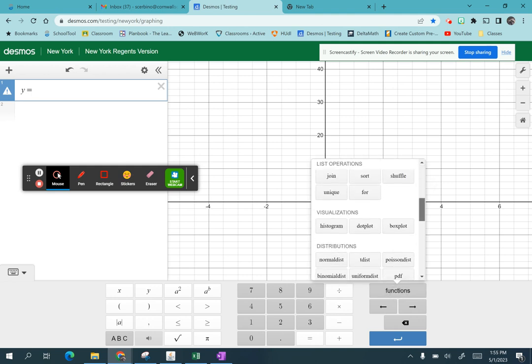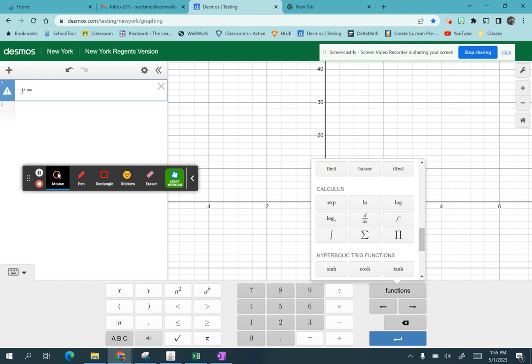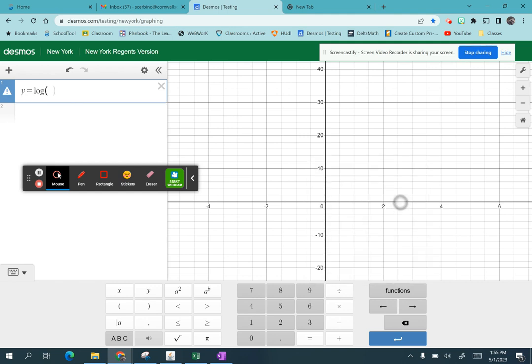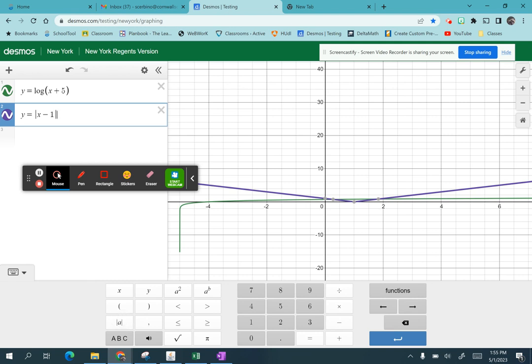Log should be in functions. We have log, no base here, so it's base 10, x plus 5. And then if we go y equals, absolute values over here above ABC, and we'll put in x minus 1, get out of the bracket by hitting it again, and put minus 3.